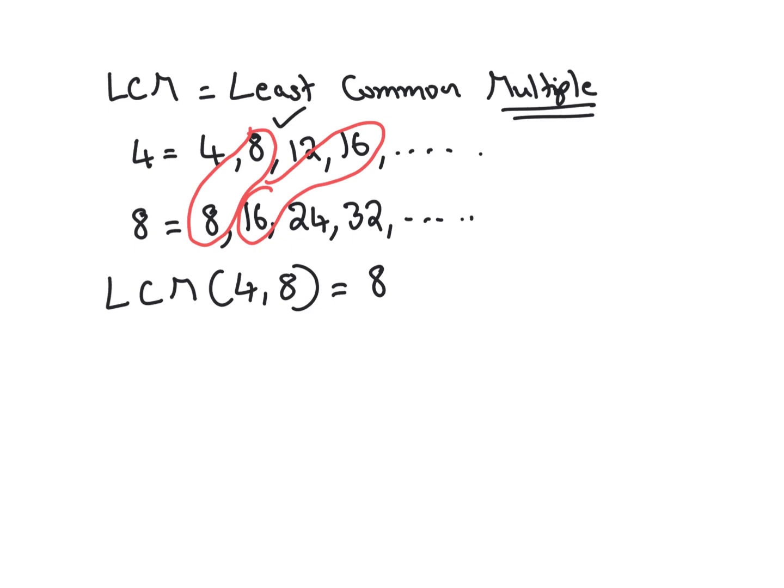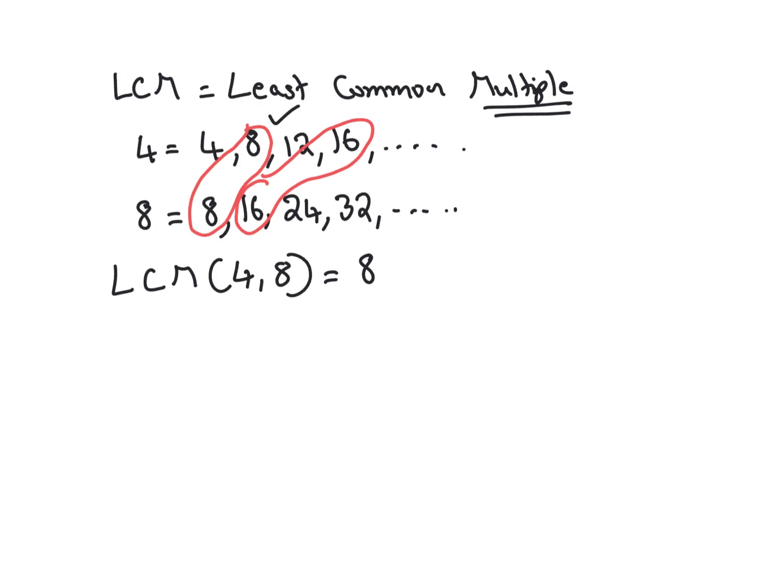Now, do you know how to find the LCM of two numbers? You simply have to list down the multiples of each, figure out what are the common multiples in both, then pick up the least one. Right? But suppose you had to find the LCM of three numbers, what will you do?